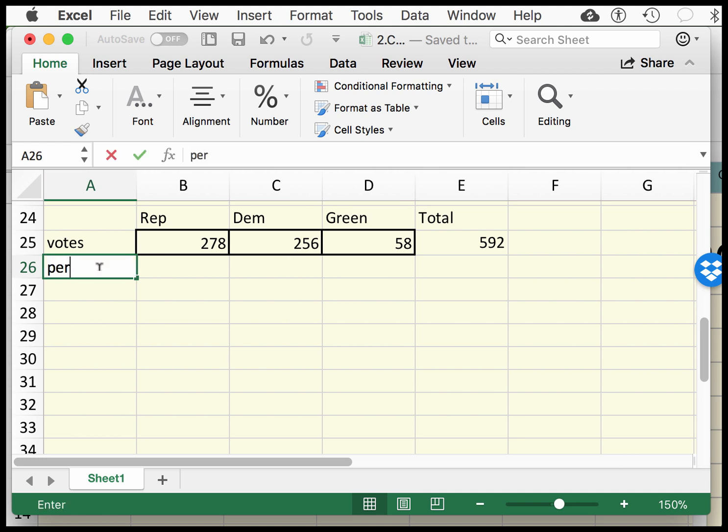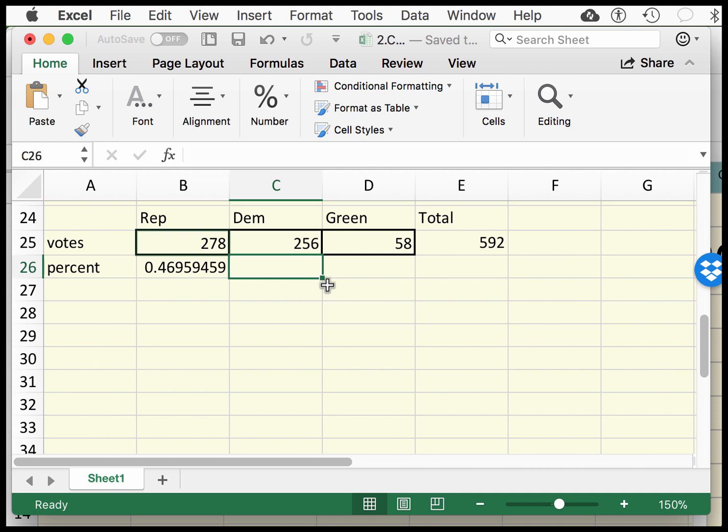To get the percent, you divide the number of votes for each candidate by the total votes. So that would be equals the number of Republican votes. Instead of typing in 278, I'm going to type in its address, B25, and divide by the total, which is E25. We'll deal with that scary-looking decimal later.